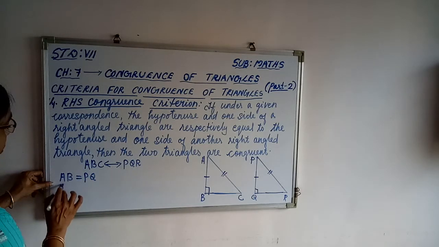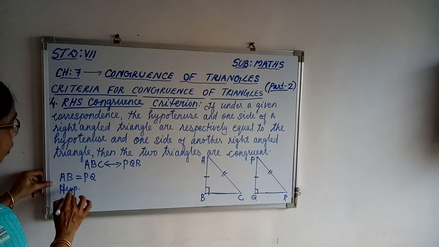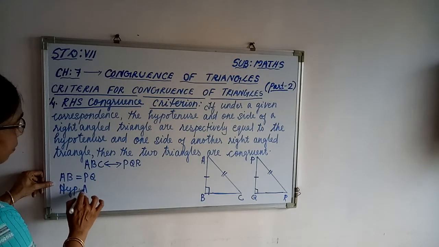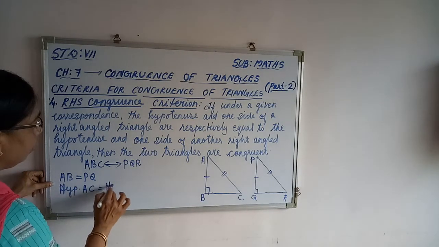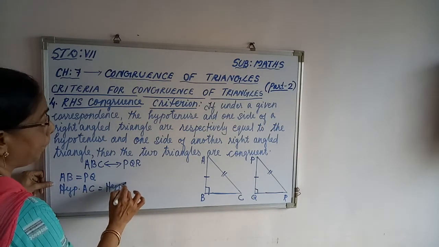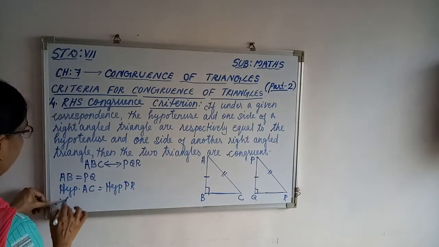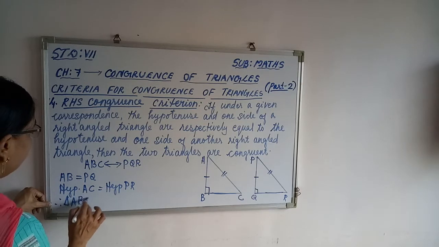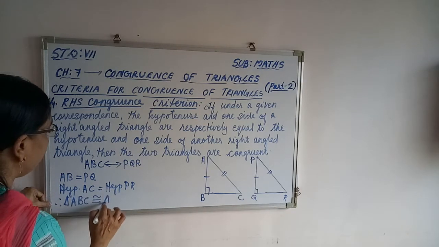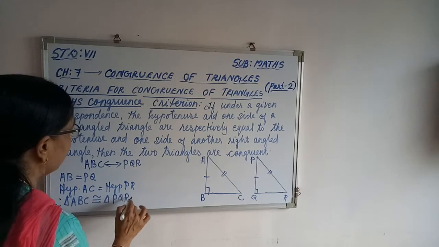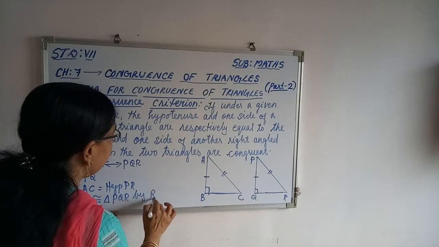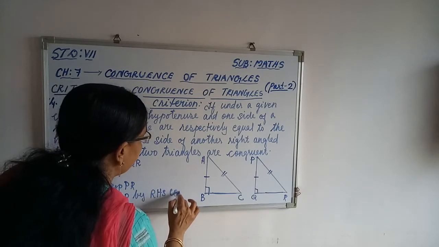Then the hypotenuse, which is hypotenuse AC of the first one, is equal to hypotenuse PR. So we can say that triangle ABC is congruent to triangle PQR by the RHS Congruence Criterion.